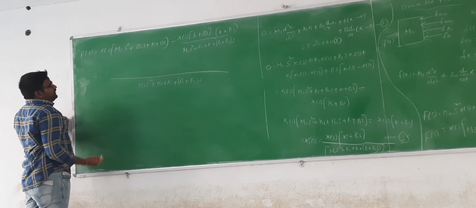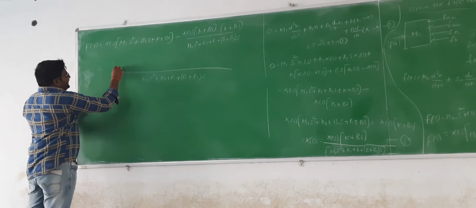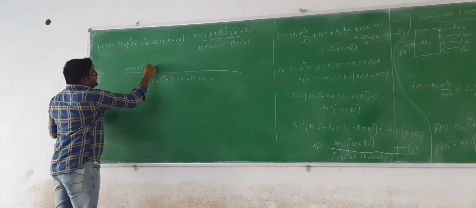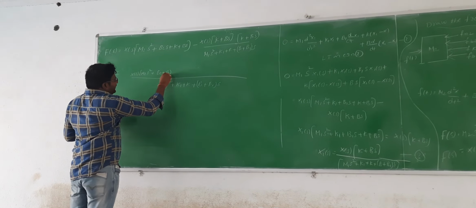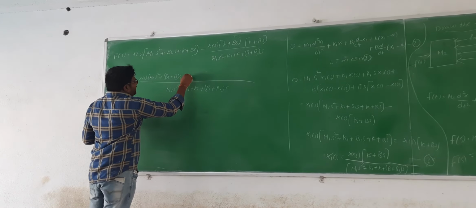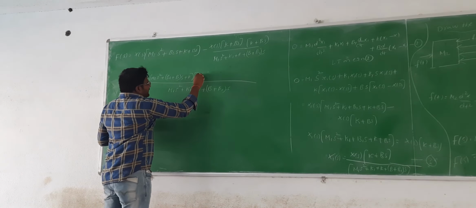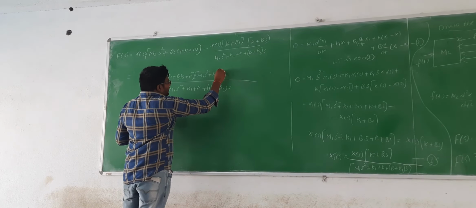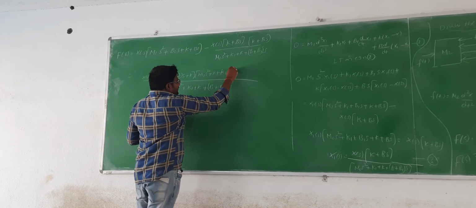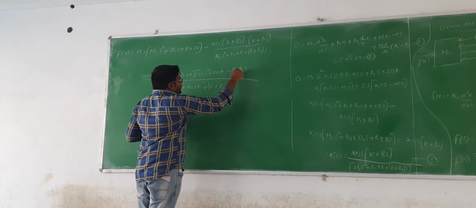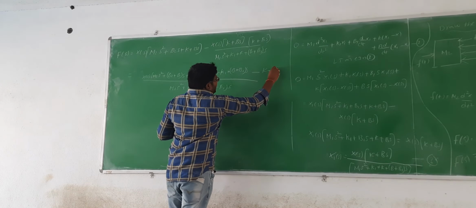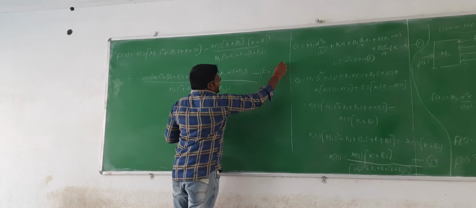So the value is X(s) into [(m2 s² + (b2 + b) s + k)(m1 s² + (k + k1 + b + b1) s) minus (k + bs)²].